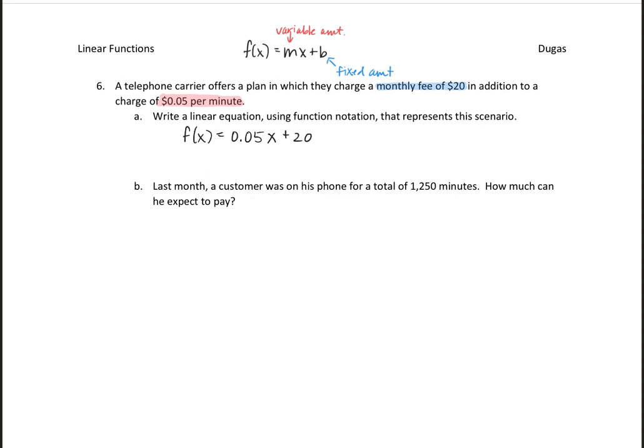Your variable fee here tells you what x represents. Since it's a charge per minute, that means that x represents minutes. And then your f of x or your y is going to represent your total cost.